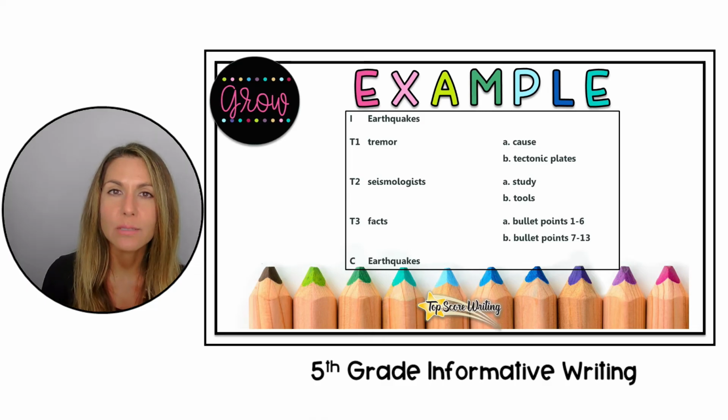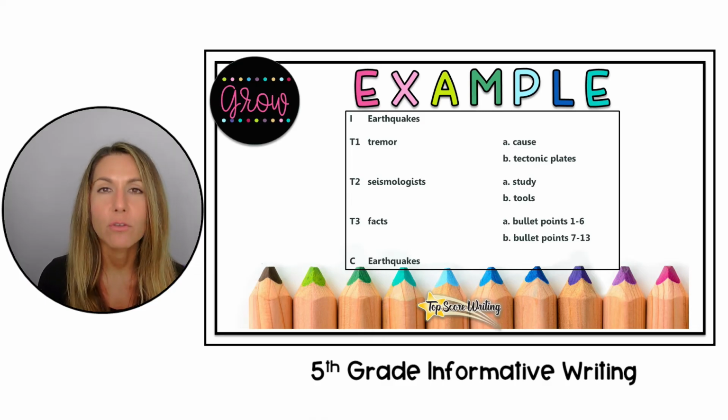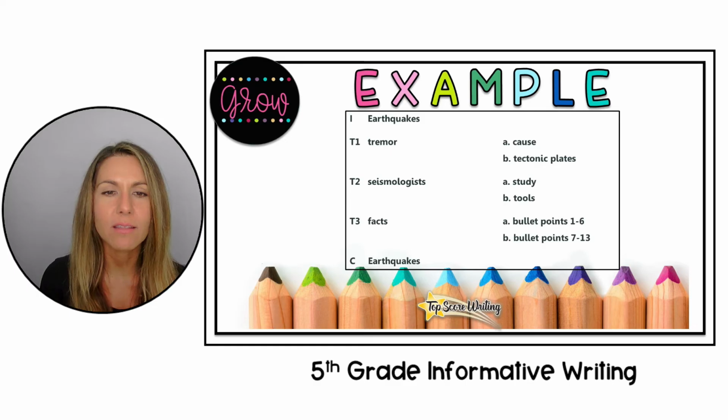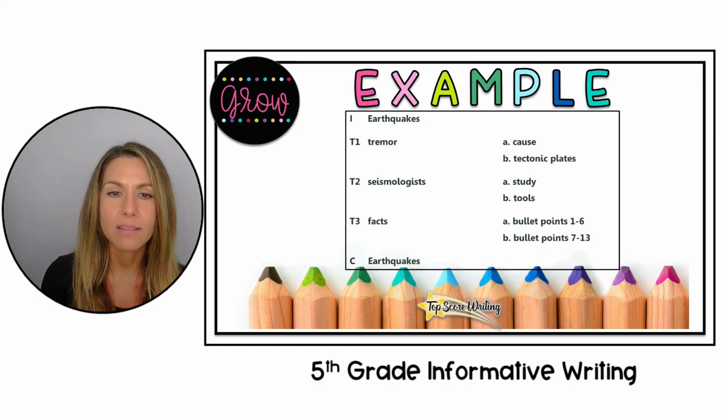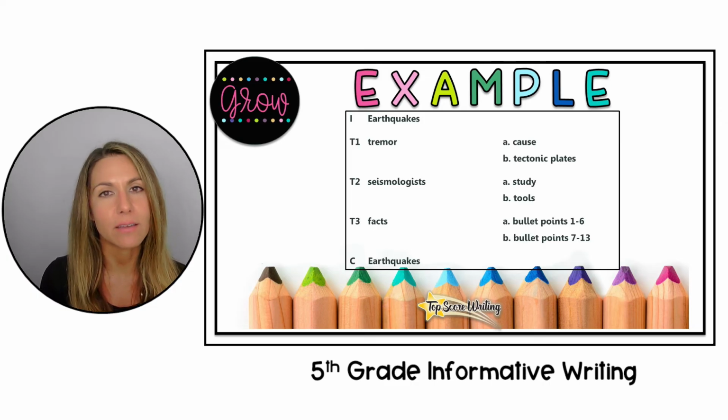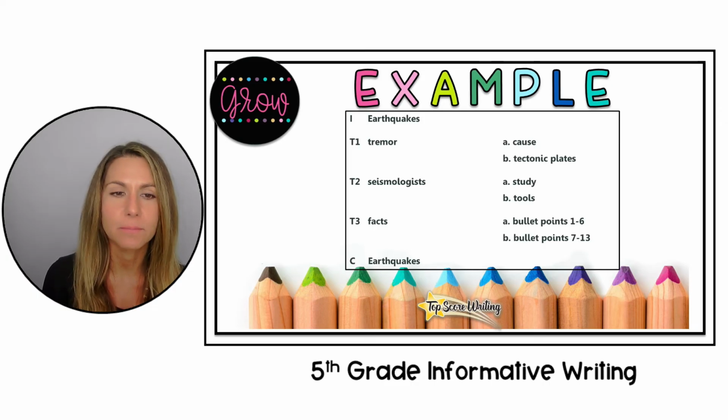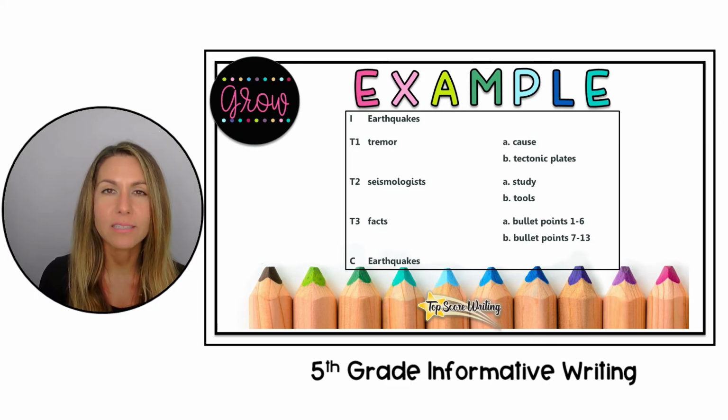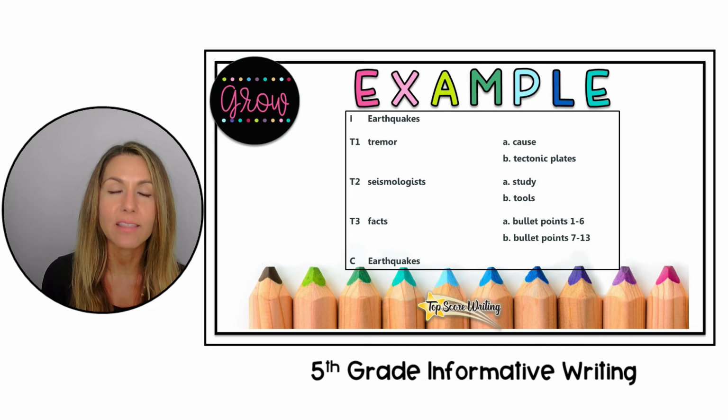For T2, seismologists, those are the people that study the earthquakes. You will notice that it says study and tools. So those are 2 details about the scientists. For T3, where it says facts, this is information that I pulled from the chart, not the paragraphs in the essay, in the passage set.